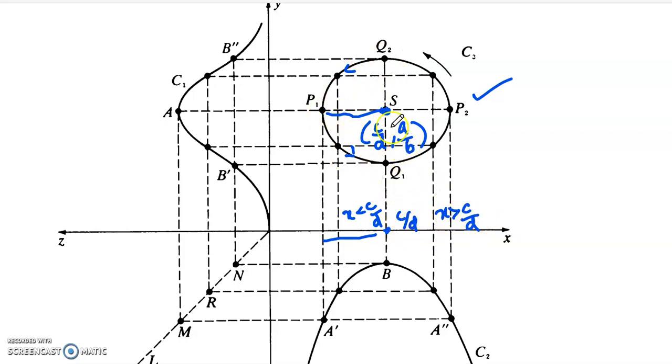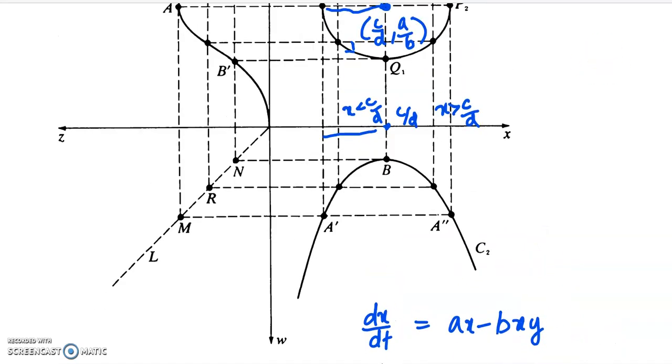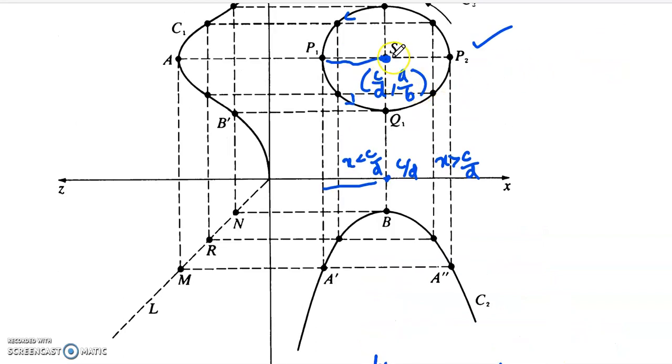Now similarly, when x is greater than c by d, this whole term becomes negative. Negative into negative, since these two are positive, will be positive. Therefore, when x is greater than c by d, this will be moving in the increasing direction. So that is going to be this direction.